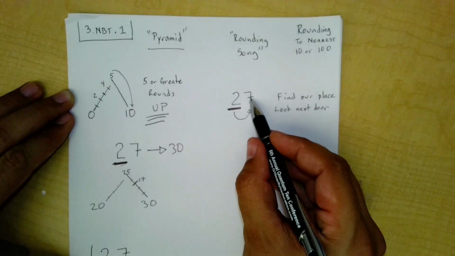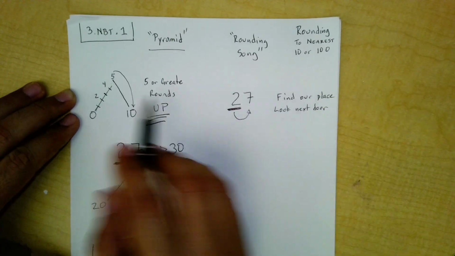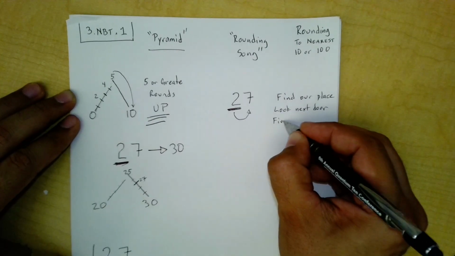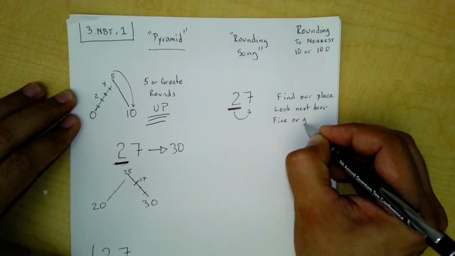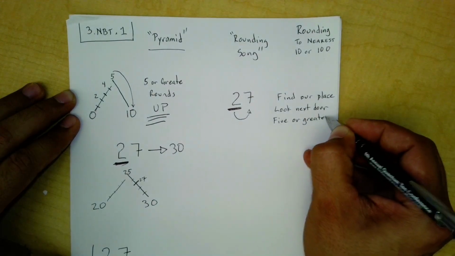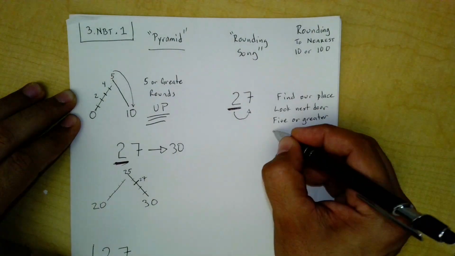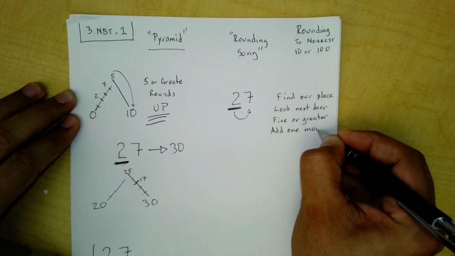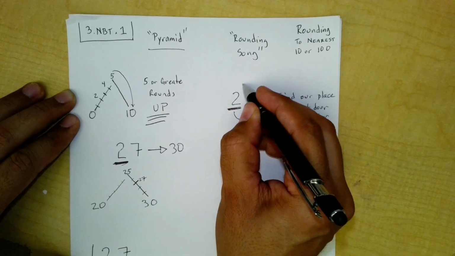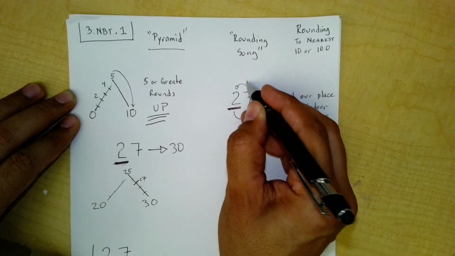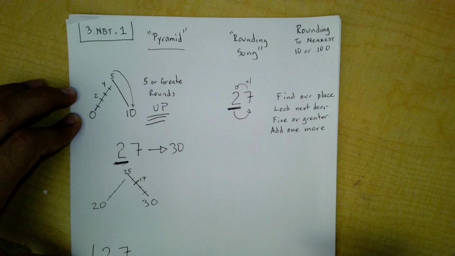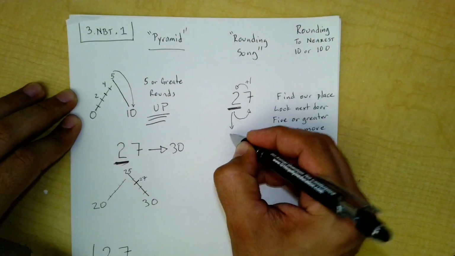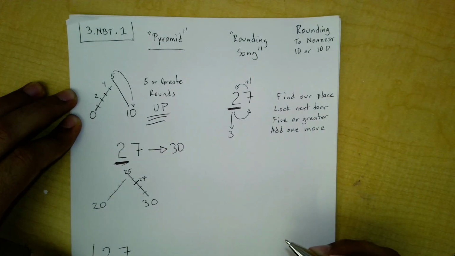And if it's 5 or greater, which is similar to the mountain strategy, yes, add 1 more. So we're going to add 1 more to the tens place. Cool.